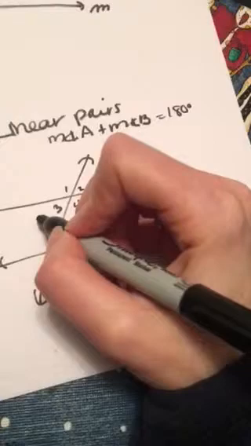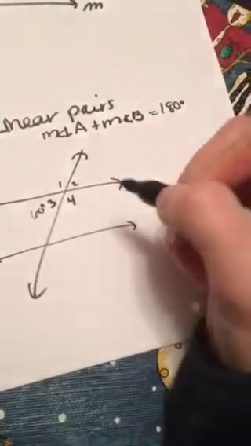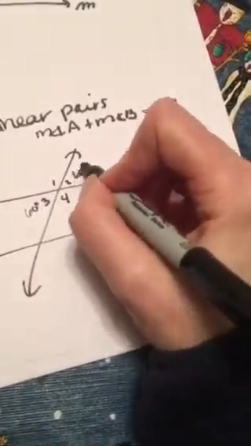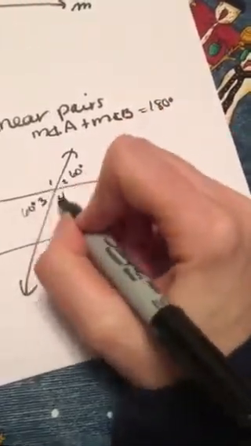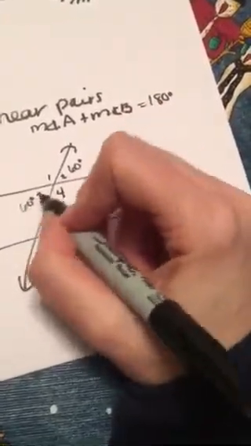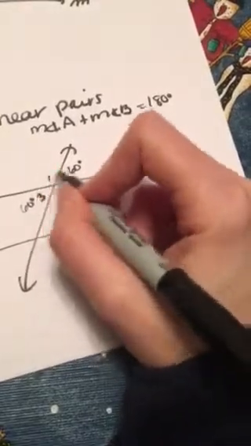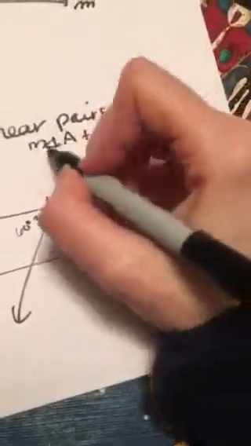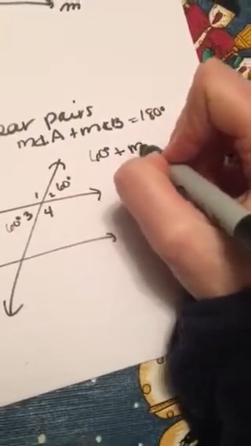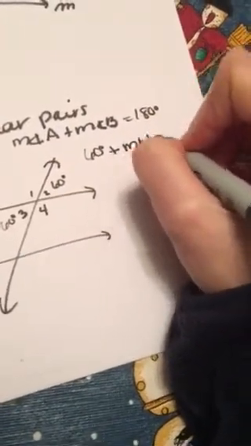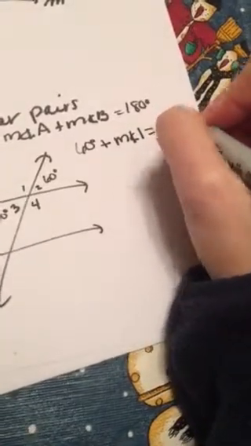So if I knew that angle 3 was 60 degrees, I know that this is going to be 60 degrees also because they're vertical angles. But if I don't know what 1 and 4 are, I can say, this is a linear pair. So 60 degrees plus the measure of angle 1 equals 180 degrees.